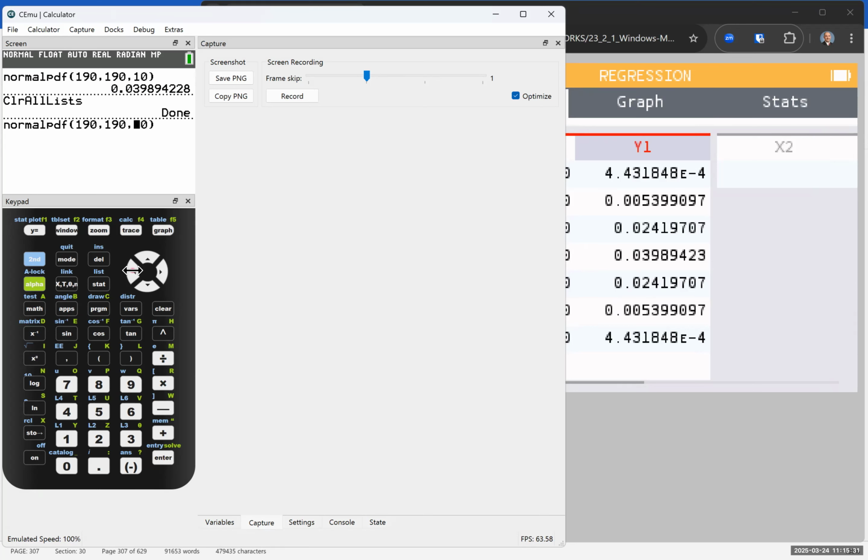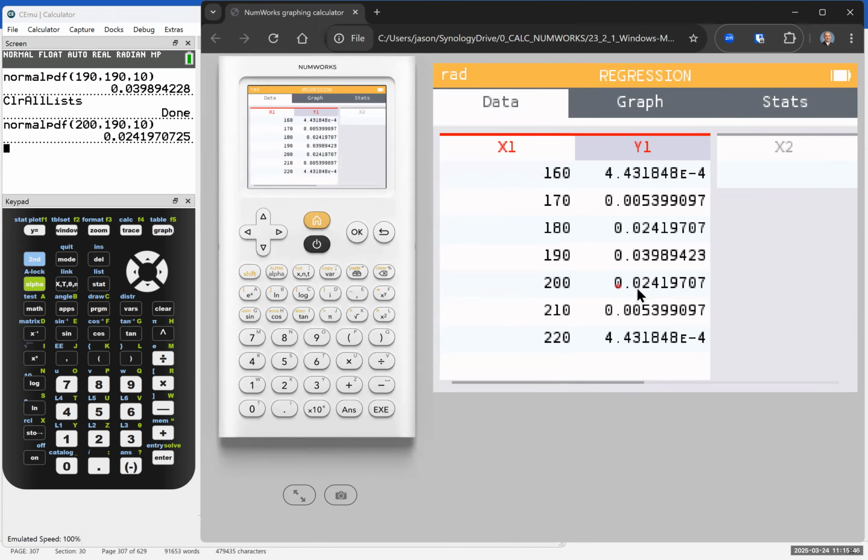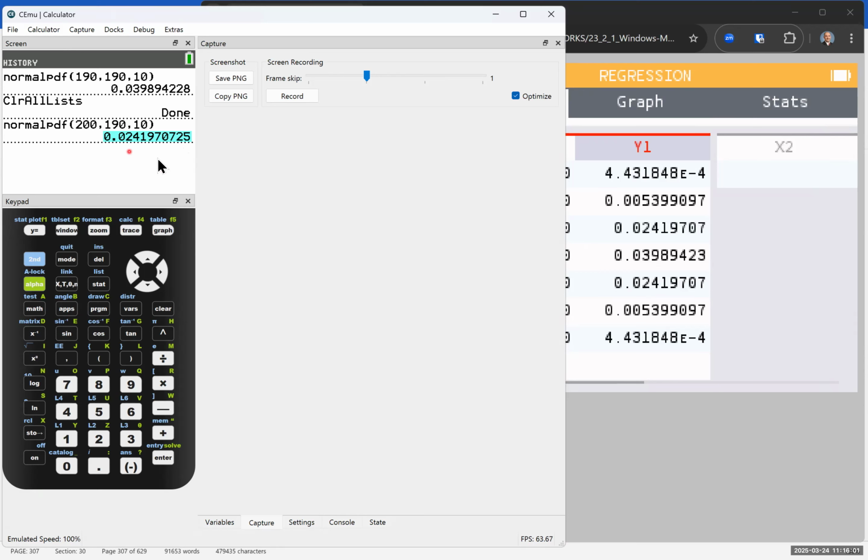And when we put 200 in, we get 0.0242. And you can see here at 200, you get 0.0242. It's the same value. So on the Texas Instruments, I can't really copy that. We could just keep manually calculating each one of these.